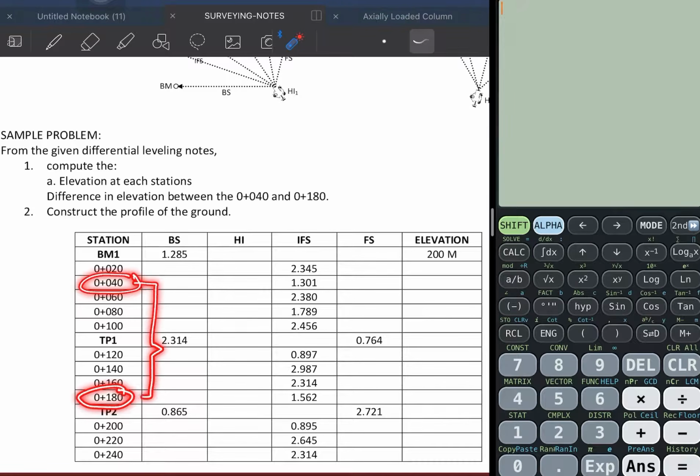From our previous topic, which is differential leveling, you can just take the elevation of these two stations and subtract, so that you can have the difference in elevation for these stations. And then you will construct the profile of the ground.